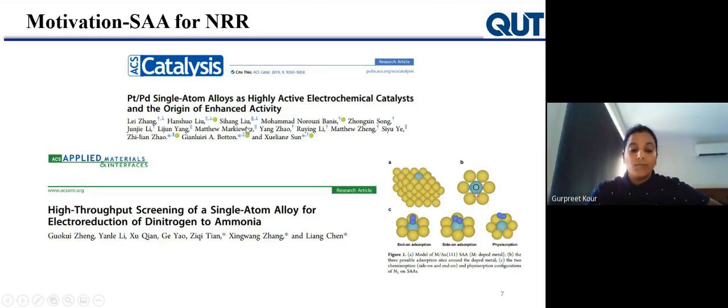And another work reported a single atom alloy based on gold 111. They doped the surface of gold with the transition elements, the whole series of 3D, 4D, and 5D transition elements. And again, they found that the single atom alloy showed good results as compared to gold 111.